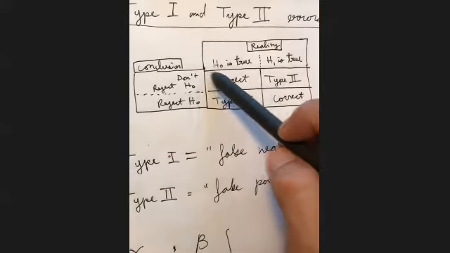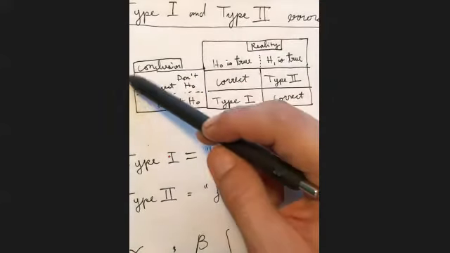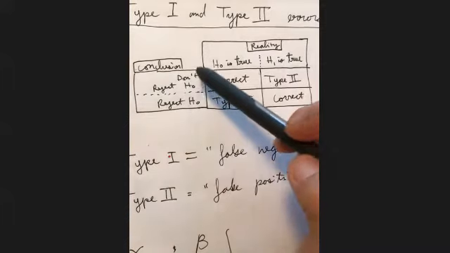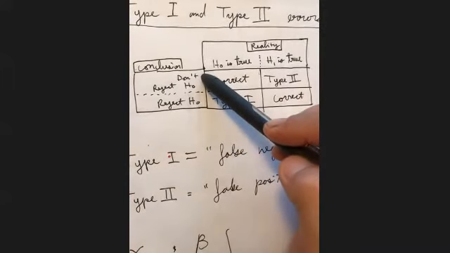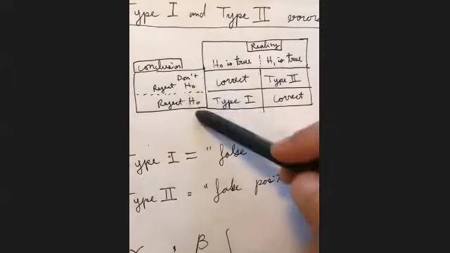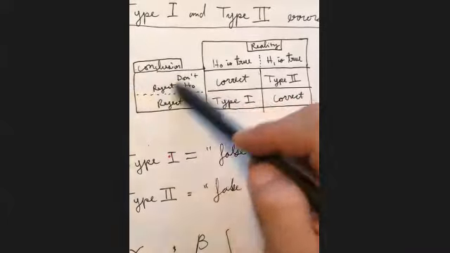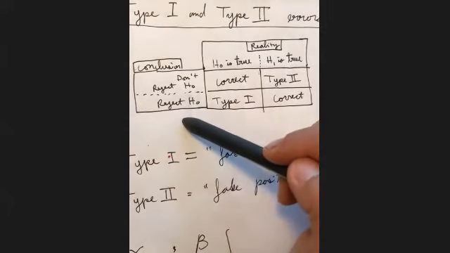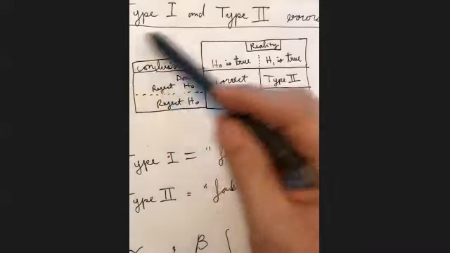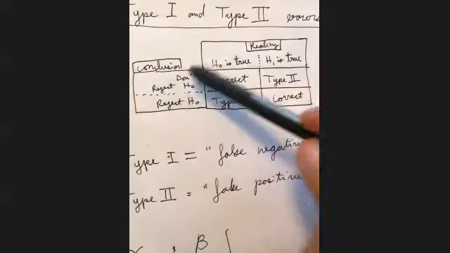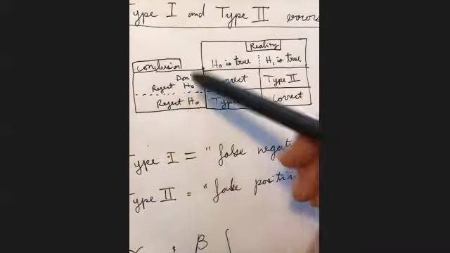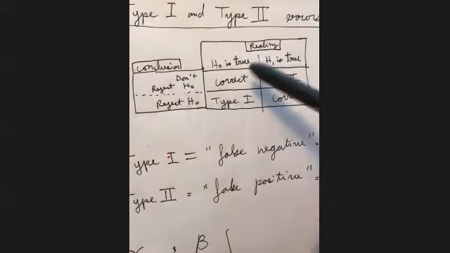So we know H0 is true. The conclusion we could reach is either reject H0 or don't reject H0. These are always the conclusions that we make. There is no reject H1 or don't reject H1. Those aren't possible conclusions. Conclusions are either don't reject the null hypothesis or reject the null hypothesis.